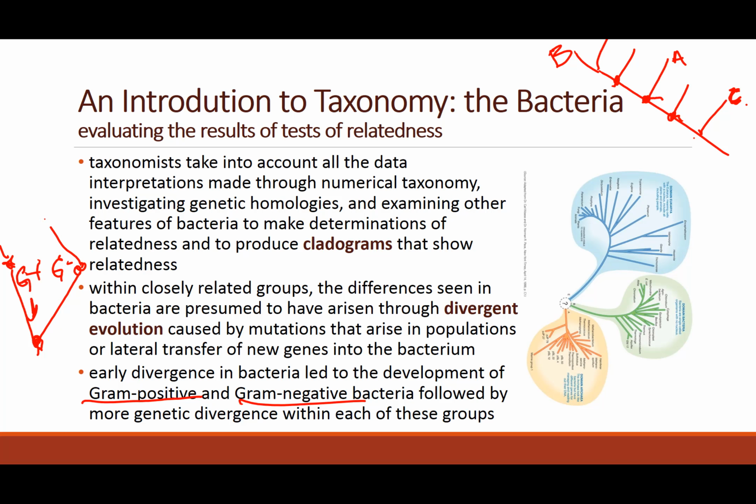So then there is further divergence that occurred, and even more divergence beyond that. And the same thing is happening over here with the gram-positive bacteria. They are also diverging. And so that's how we go about constructing these evolutionary trees or cladograms to try to make sense of how bacteria evolve.